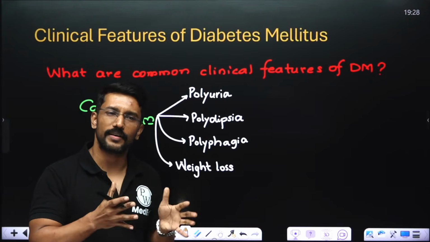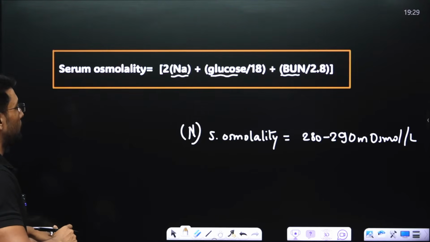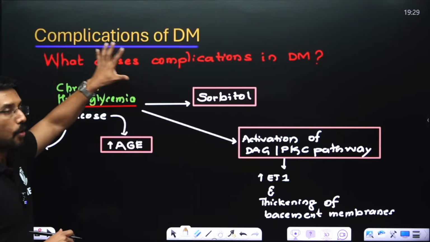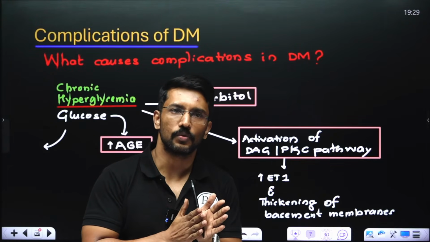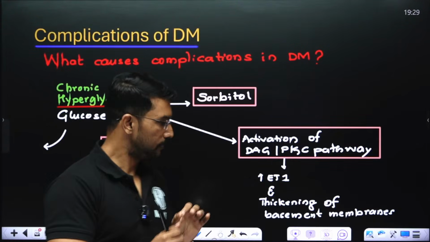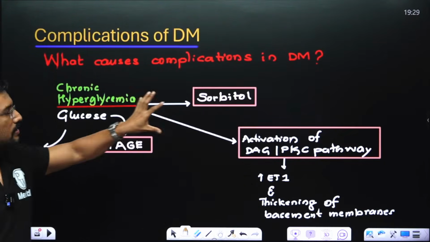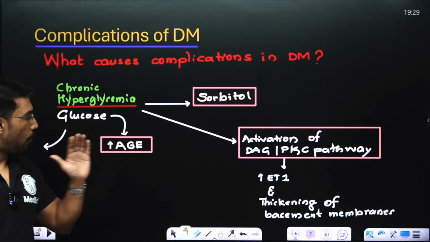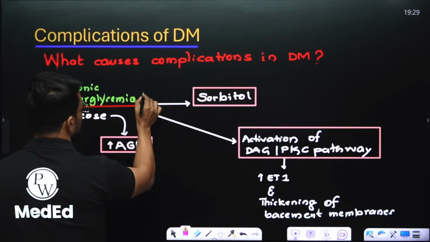Then why should I be worried about diabetes? Well, diabetes not only causes these four cardinal manifestations, it also leads to complications. So what complications can diabetes lead to? Well, when there is long-standing hyperglycemia, that excess glucose activates certain processes. One of them is the polyol pathway, which you study in biochemistry.